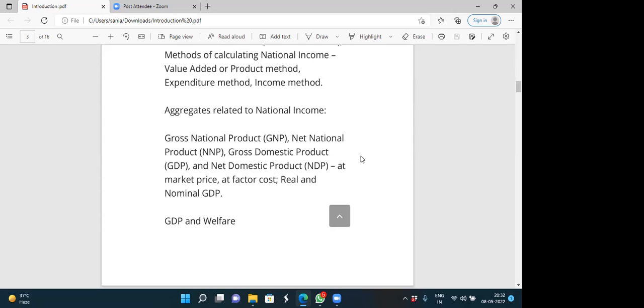So this is the basic difference which we all know: micro is the small one and macro is the bigger one. As you know, there will be no questions in your exams from microeconomics. They will not ask you what is microeconomics, definitely not. They will be asking you what is macroeconomics, and the terms related to macroeconomics. Why? Because your book is macro.